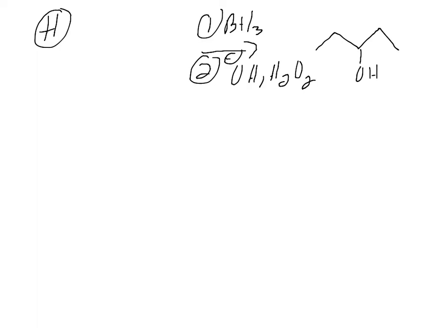OH. Okay. So we got to decide where this product came from. So we know it had to come from an alkene, right? Because that's what we've been talking about. So we know it's an alkene. We know BH3 goes likely on the less substituted carbon.